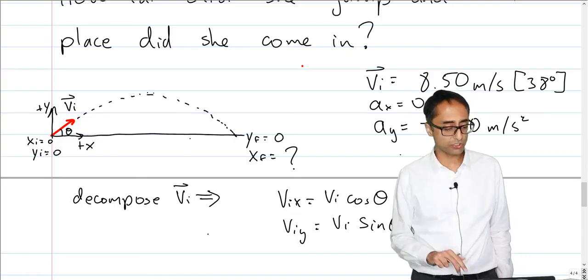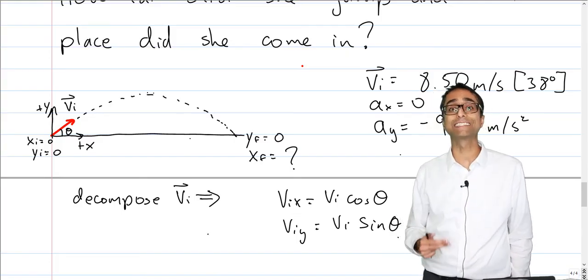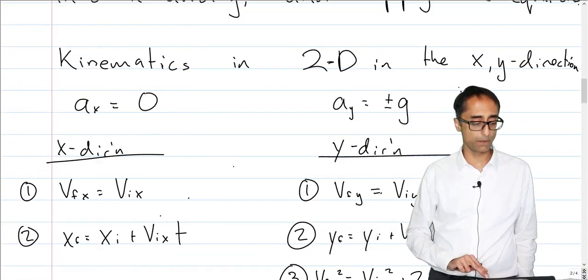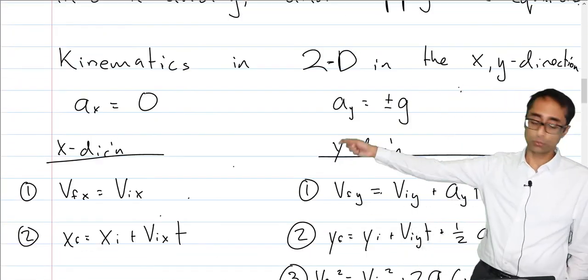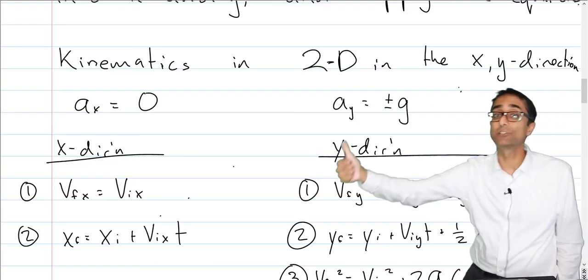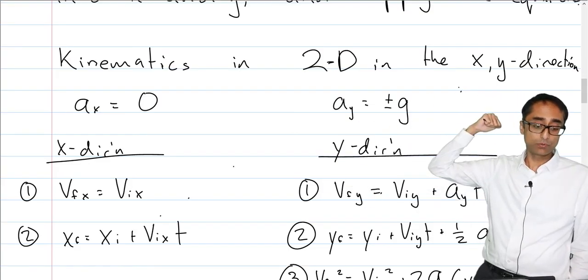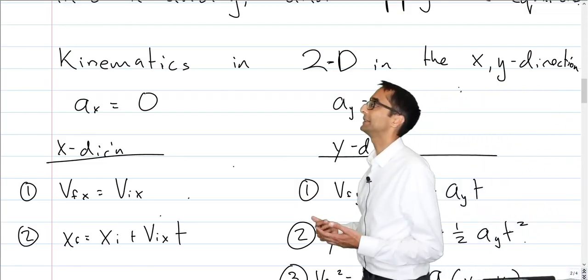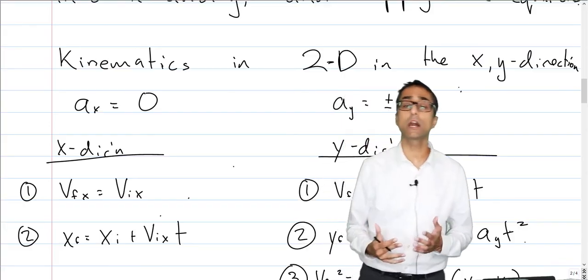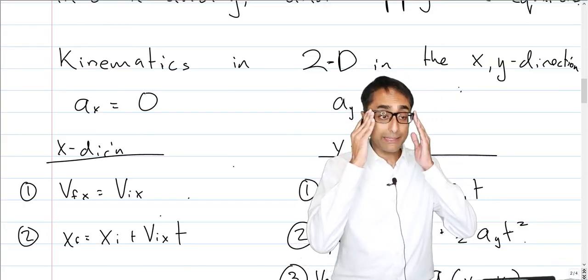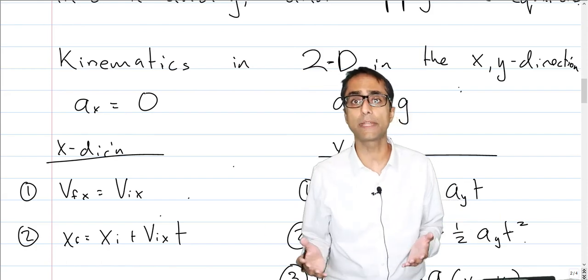And so, unfortunately, if I look at my x equations, that's not going to be good enough. There's not that many x equations, if you recall. If you look at my x equations over there, it says x final equals x initial plus v initial x times t. I don't know t, and I don't know x final. I got two unknowns in that problem. And what that means is that even though I realize that this x value is what I'm looking for in this problem, I can't find it because I don't have enough information.